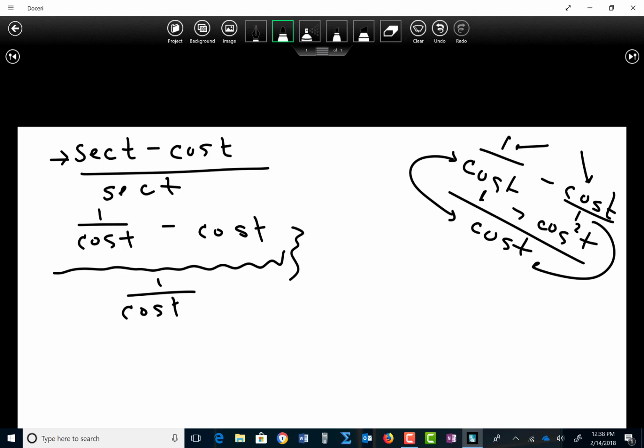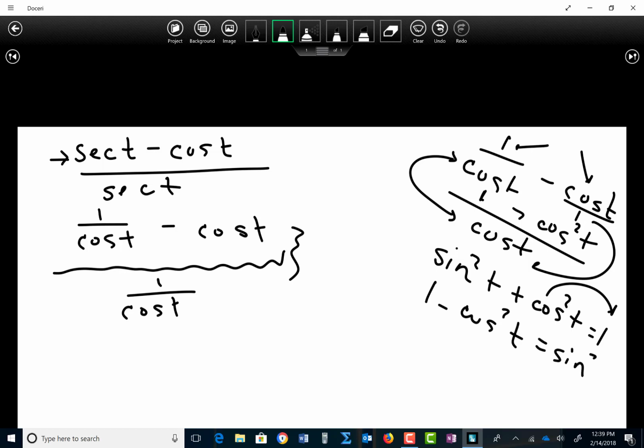And if you look at your sheet with your identities on it, sine squared plus cosine squared is equal to 1. And if I bring the cosine squared over algebraically, that means that 1 minus cosine squared is actually equal to sine squared. So the top of my fraction is actually equal to sine squared.